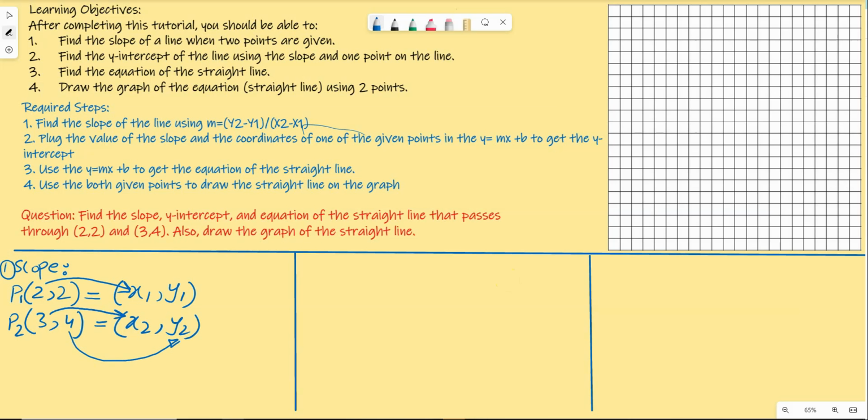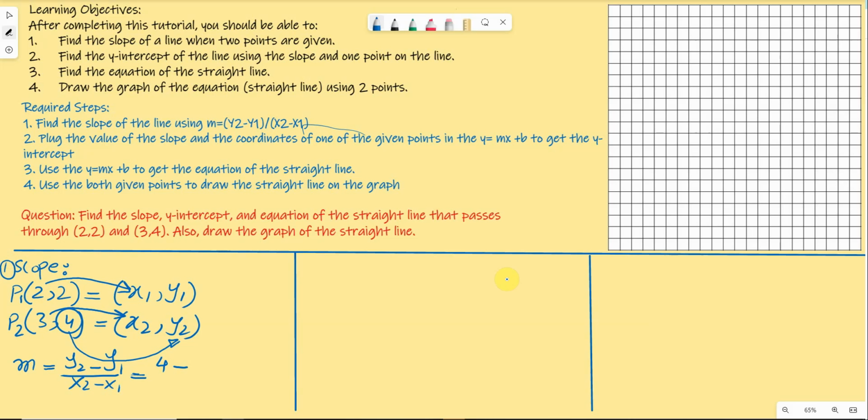We know when 2 points are given, then slope will be y2 minus y1 divided by x2 minus x1. Let's substitute the values of y2 and y1. In this case, y2 is 4, so insert 4 here.